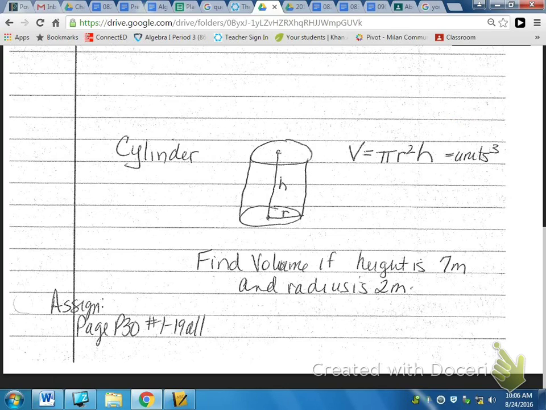All right, now we are going to do one of these, kind of a straightforward one. We're going to find the volume of this cylinder if the height is 7 meters. Okay, so we're going to give that a 7. And the radius is 2 meters, so that's a 2.